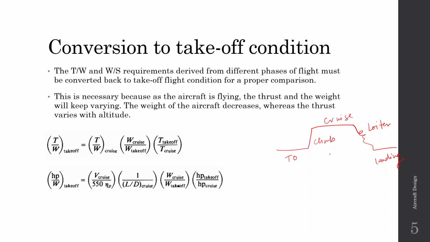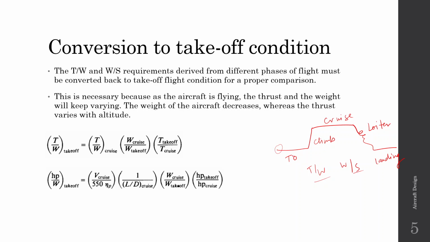For each of these phases of flight we have different thrust to weight, thrust loading and wing loading requirements, but we have to convert all of this back to takeoff condition for comparison.